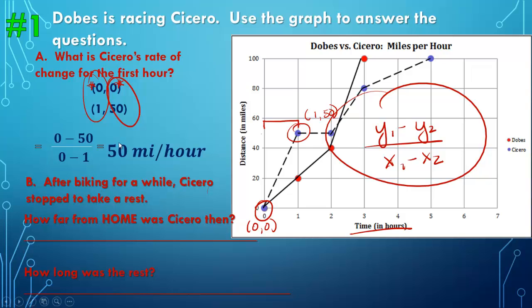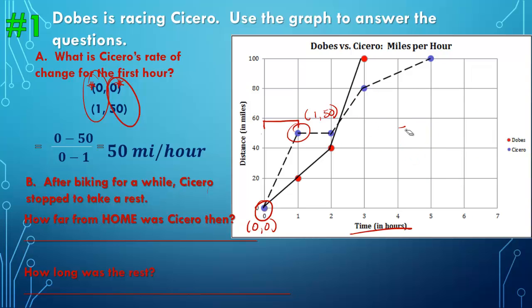After biking for a while, Cicero stopped to take a rest. How far from home was he then? So you've got to look at Cicero's, again, that's the purple there. The stopping to take a rest, this is distance now. So that means that if this is 50, for the second hour, from 1 hour to 2 hours, he didn't go any further.